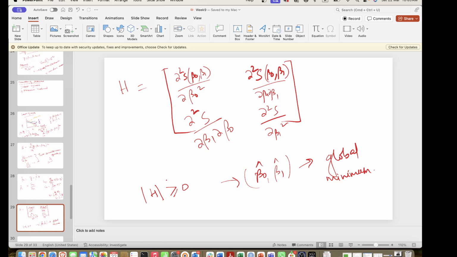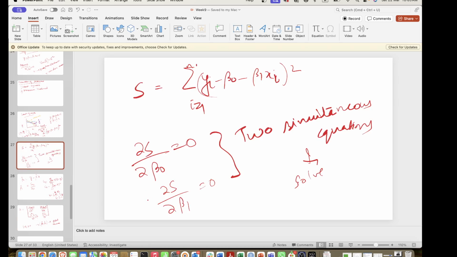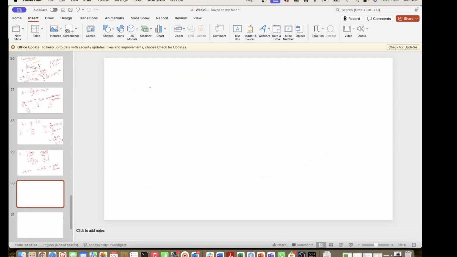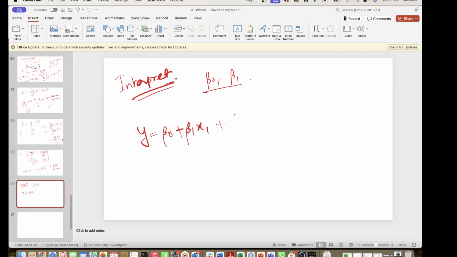So once we know how beta naught and beta 1 are derived, we should be able to interpret what they mean. Interpreting beta naught and beta 1: let's say I have y equal to beta naught plus beta 1 x1 plus epsilon.